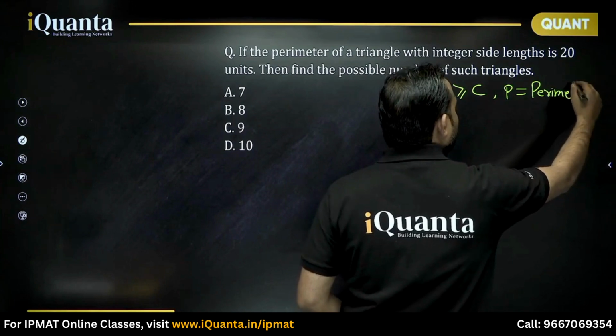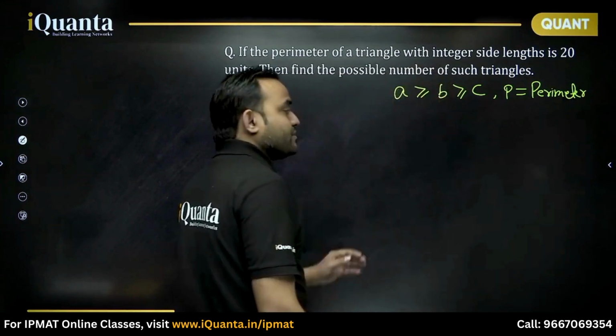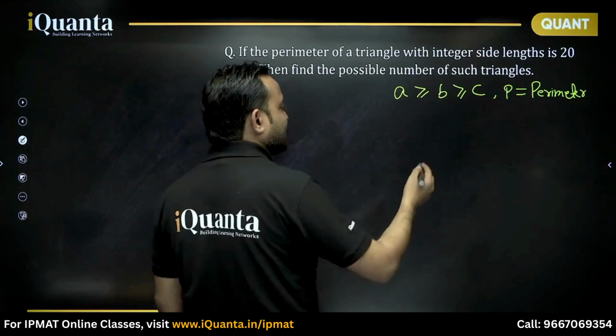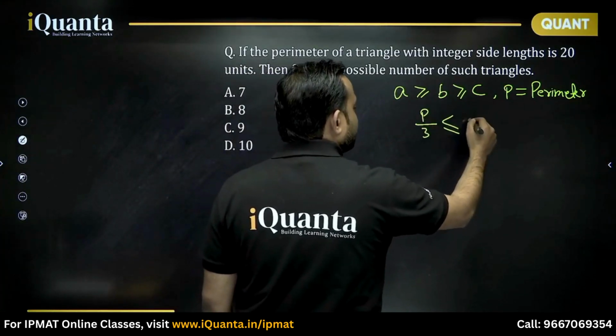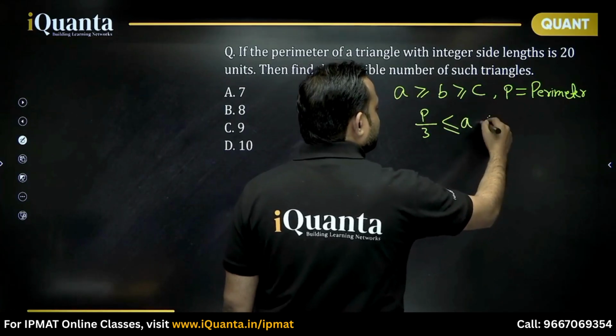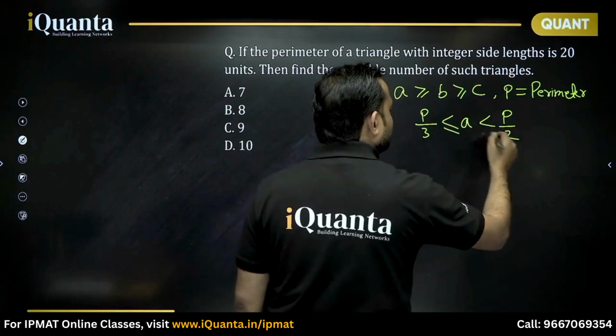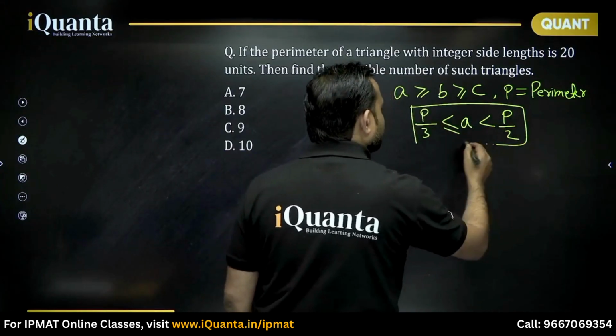Then we have a relation between the perimeter and the greatest side of this triangle: A will be greater than or equal to P by 3 and less than P by 2. This is very, very useful.